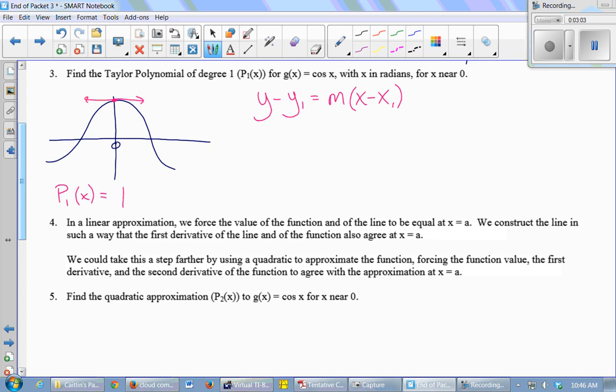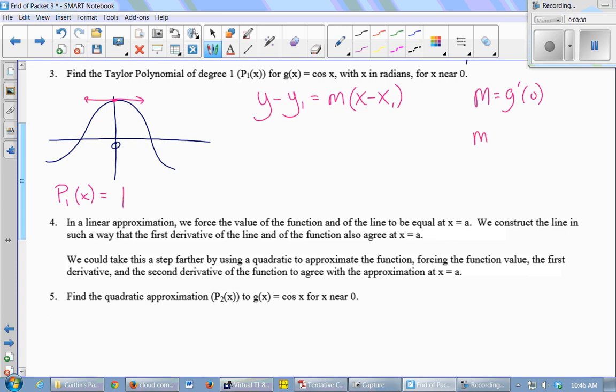Anytime you're trying to find the equation of a line, even if you're in an algebra class, you generally start with slope, right? So the slope of the tangent line is the, everybody? Derivative, yes. We repeated it many, many times last semester. So what I need is g prime at that point 0, because the derivative gives you the slope of the tangent line. So I want the derivative at 0.